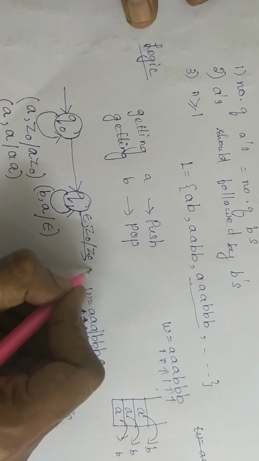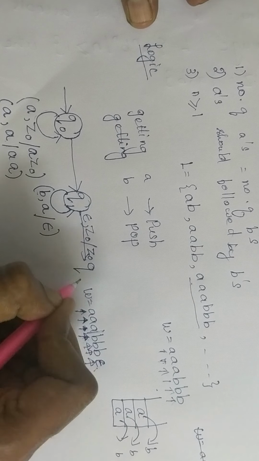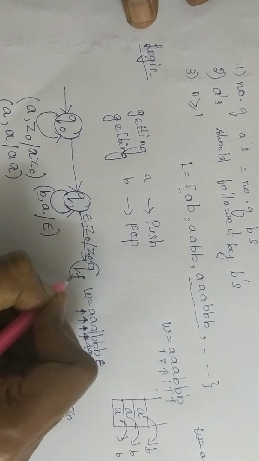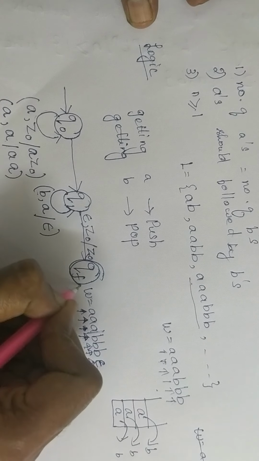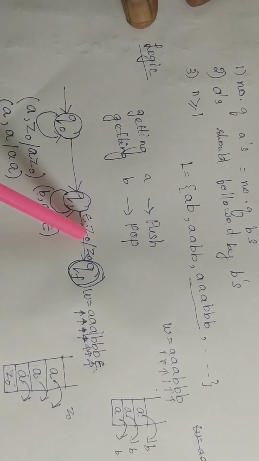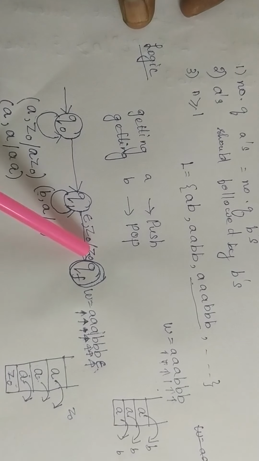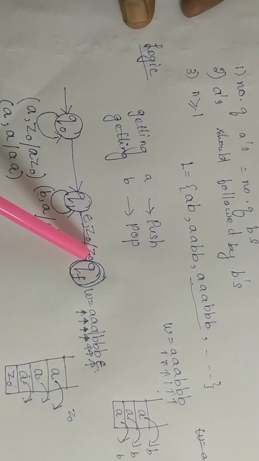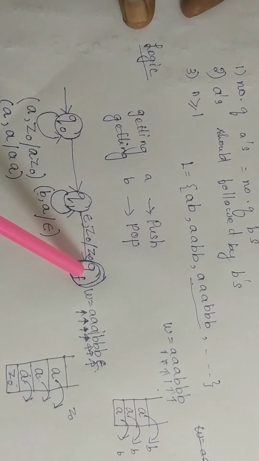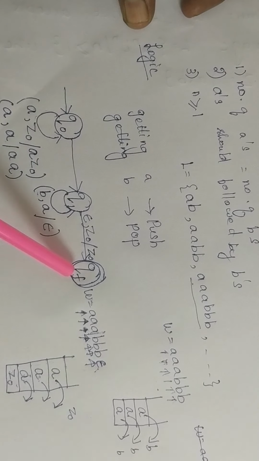While we are accepting the string by reaching the final state, we have to put it like this. So the input symbol is epsilon, and top of the stack is Z0, and Z0 will be remaining in the stack, and it is moving to the final state. So this is one way of acceptance of a string.